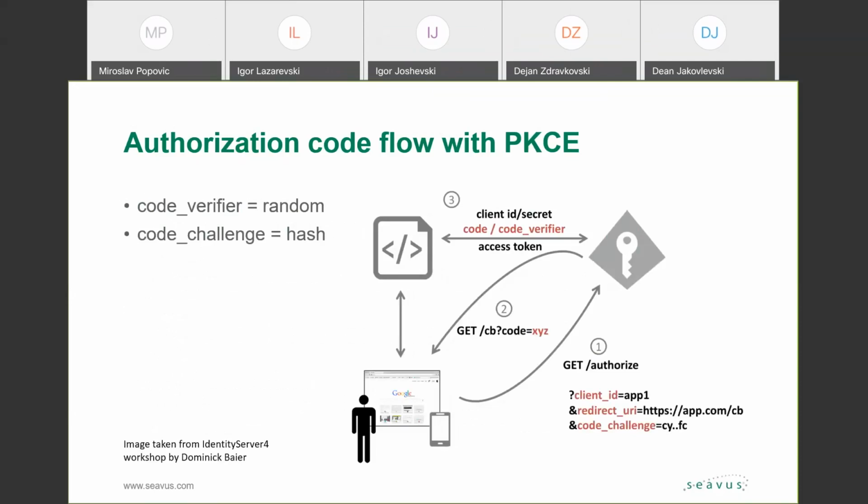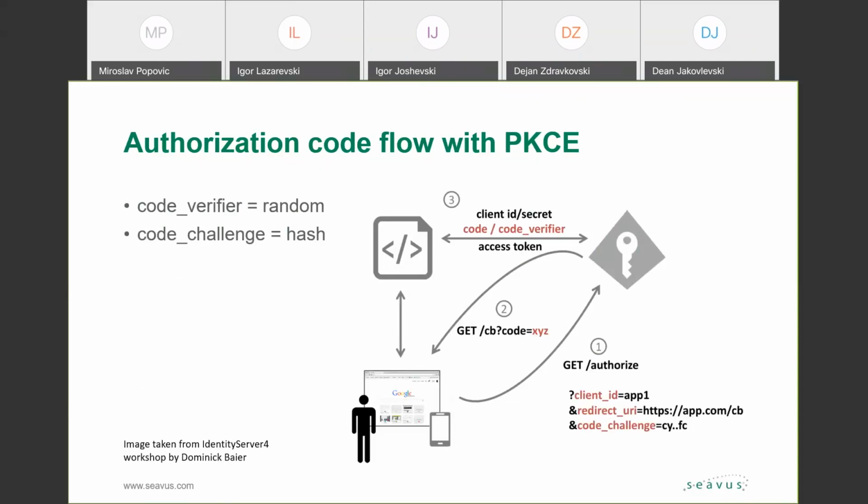This flow has several requests and responses. The first step is that the client will call the authorize endpoint on the authorization server, giving it the client ID and redirect URL. The authorization server will then ask the user to enter their credentials, authenticate, and give access to the client.